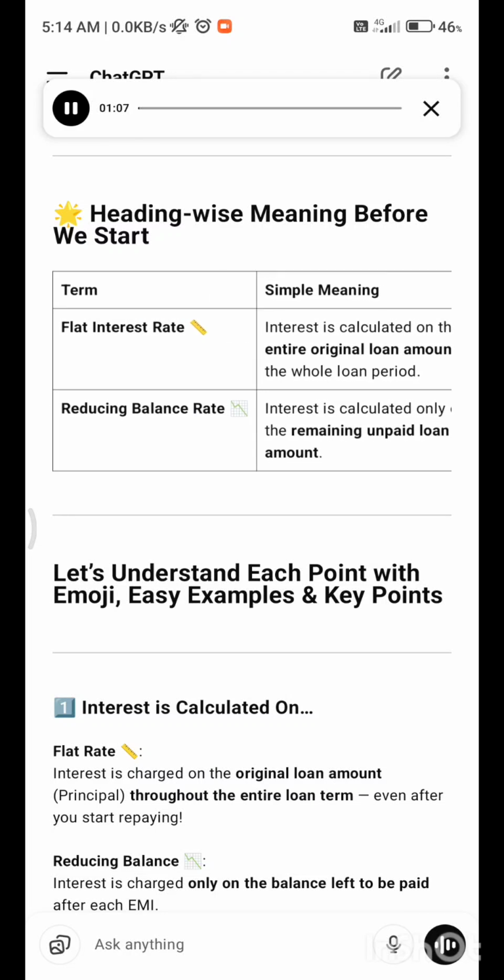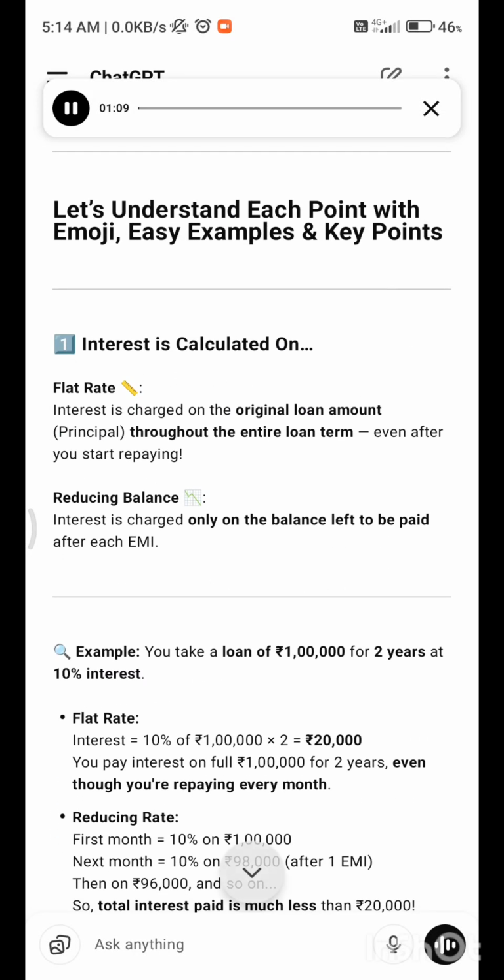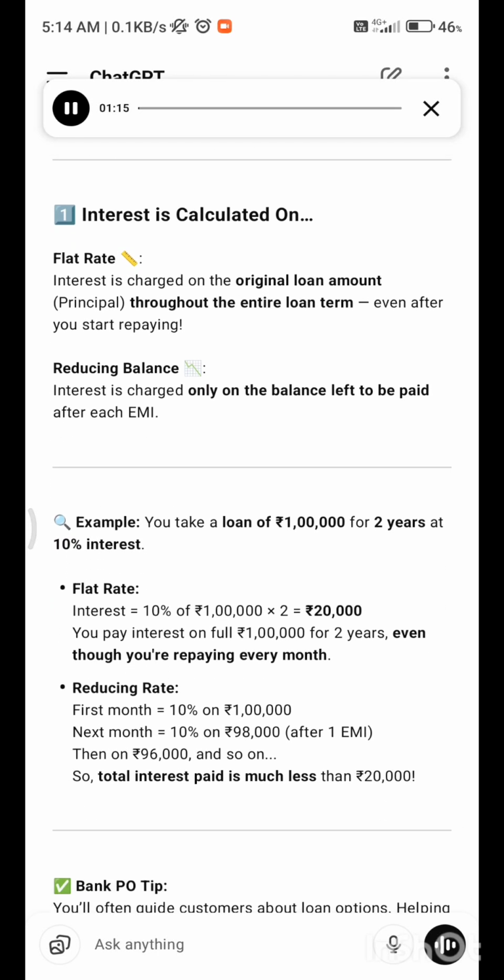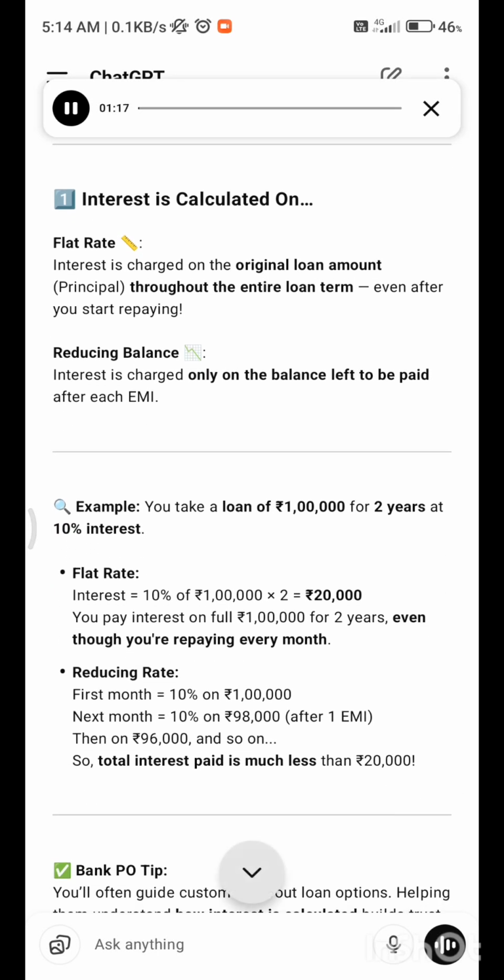Let's understand each point with easy examples and key points. Flat rate: interest is charged on the original loan amount, the principal, throughout the entire loan term, even after you start repaying. Reducing balance: interest is charged only on the balance left to be paid after each EMI.